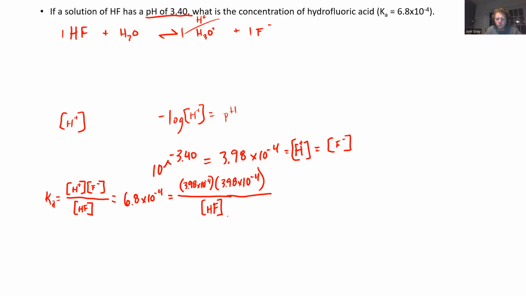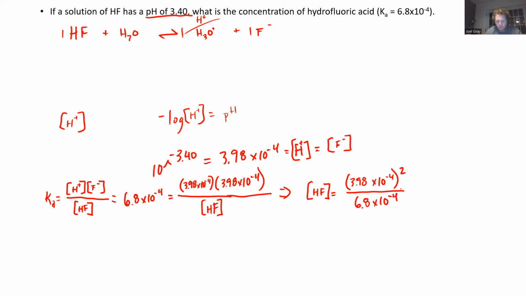Okay, so what we're going to do is then the algebra to basically move the concentration of HF to a place by itself. So we're going to have HF concentration is equal to 3.98 times 10 to the negative fourth squared divided by 6.8 times 10 to the negative fourth.